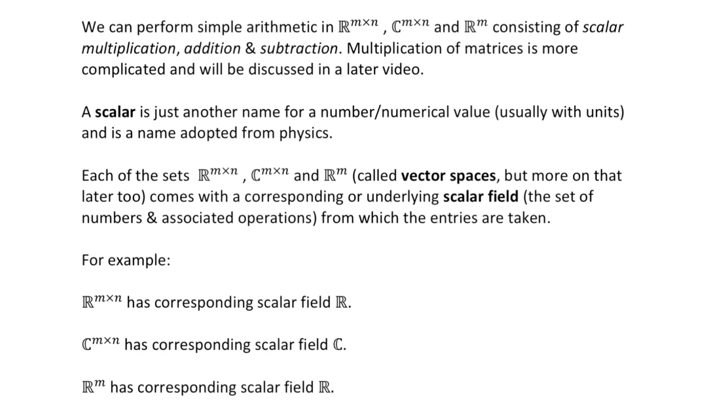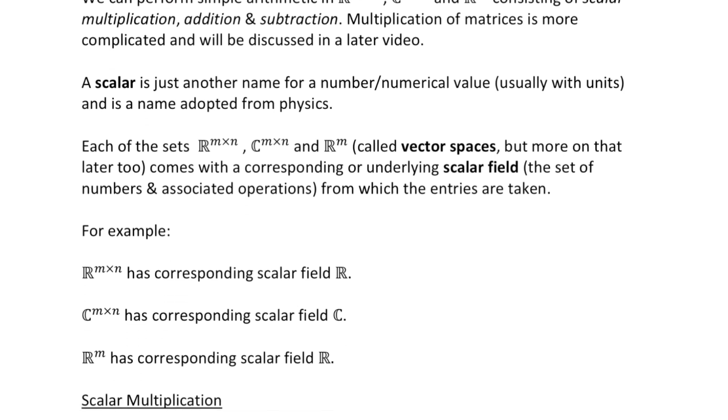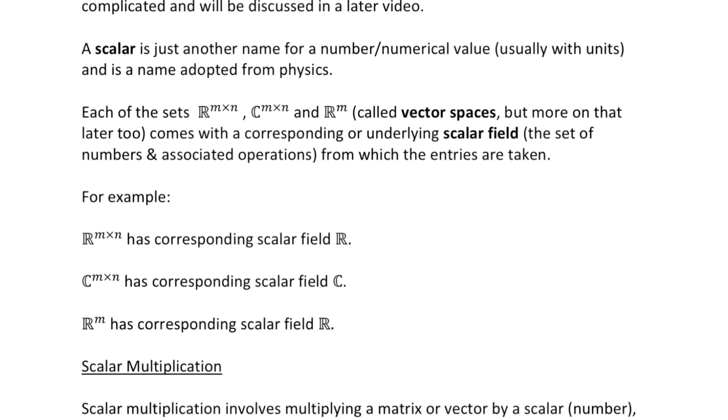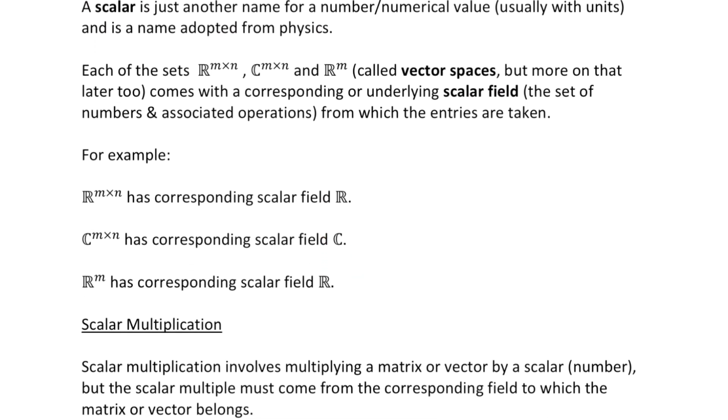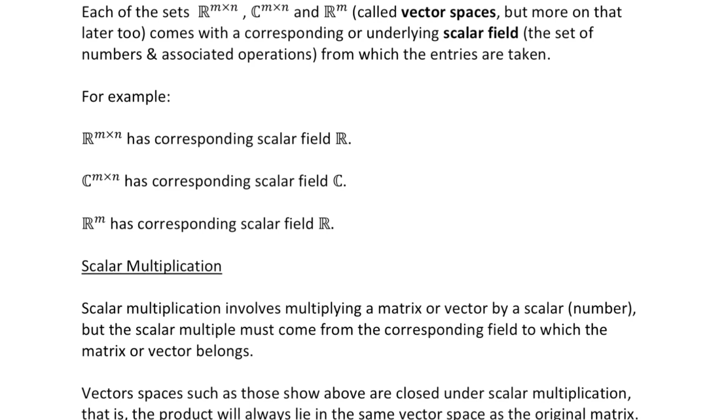Each comes with a corresponding or underlying scalar field, that is, the set of numbers and associated operations from which the entries are taken. For example, R^(m by n) has corresponding field R. C^(m by n) has corresponding scalar field C, and R^m has corresponding scalar field R. You can always tell by what looks like an exponent here with a base. The base is the scalar field.